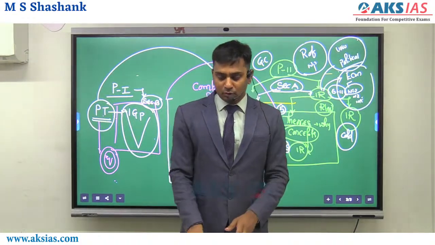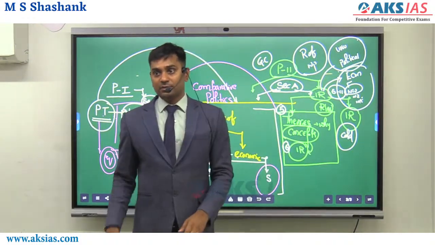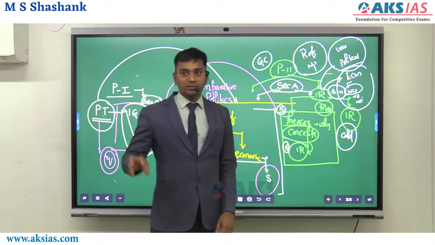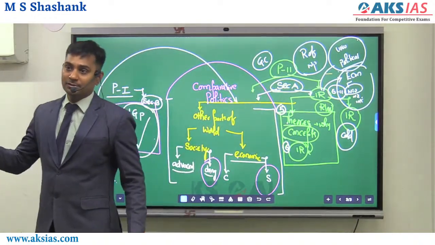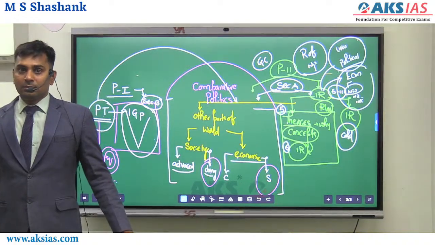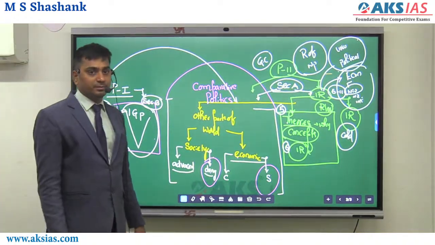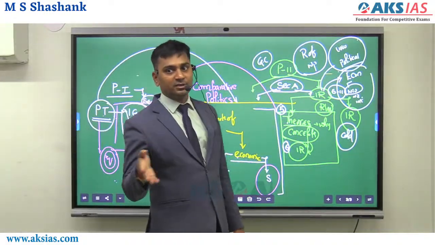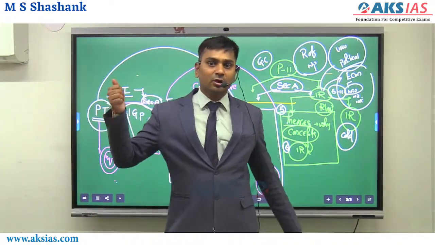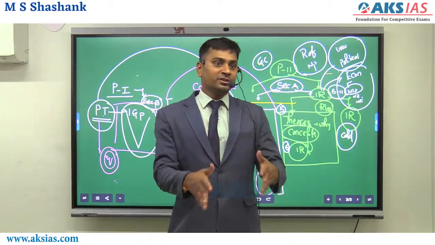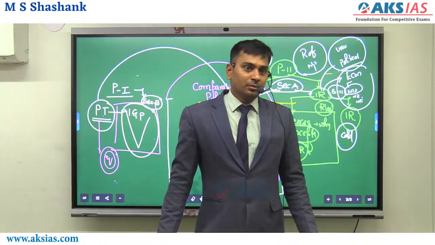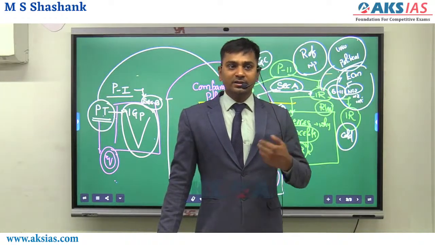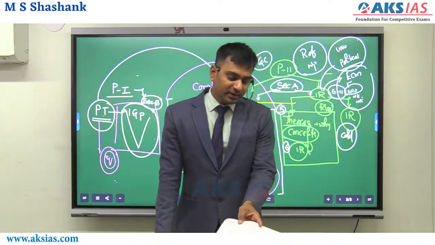Look at this, theories of IR. Jawaharlal Nehru went with a theory called idealism, that foreign policy should be ideal. But Indira Gandhi said idealism is not going to work, which is why we have seen so many failures. Let's not go with idealist theory, let's go for realist theory. Hence Indira Gandhi started going for realist theory.